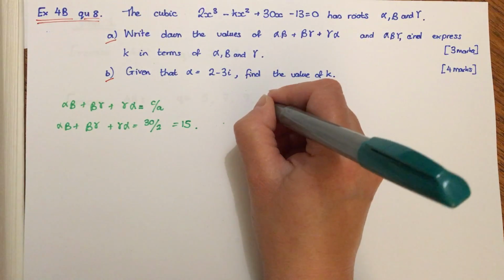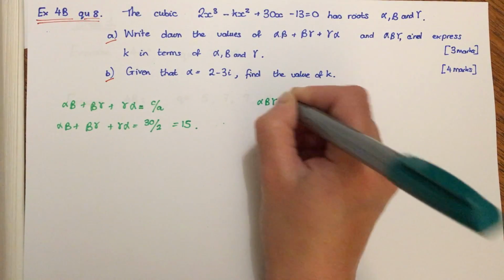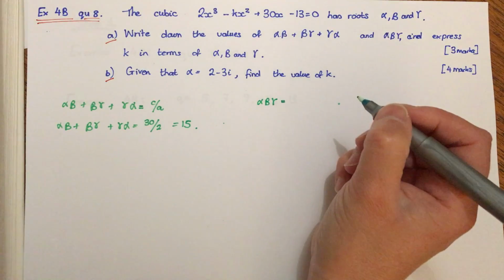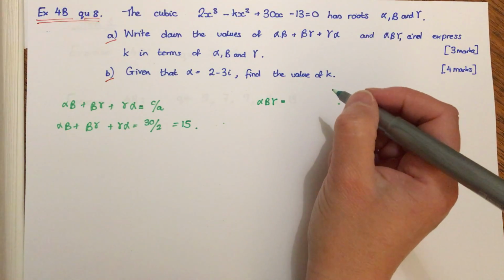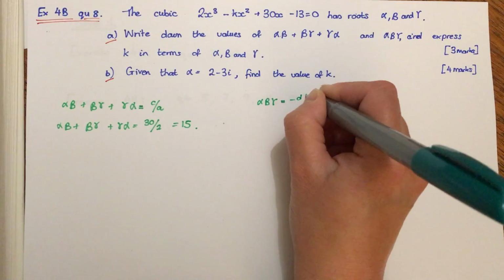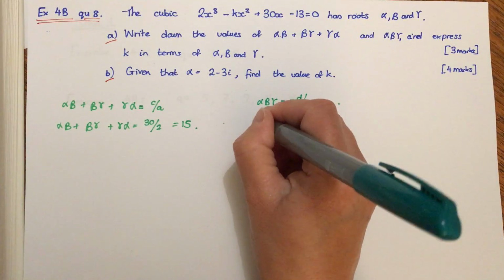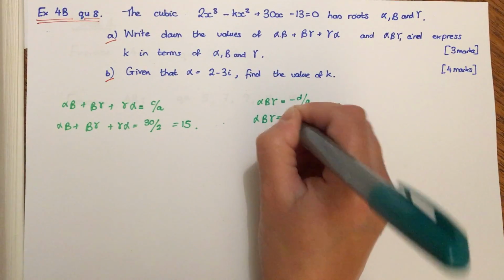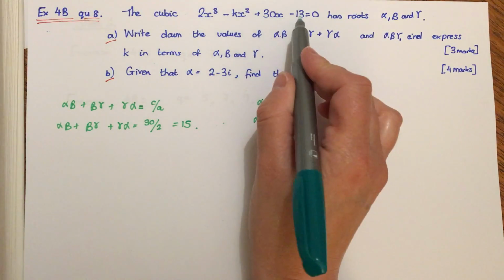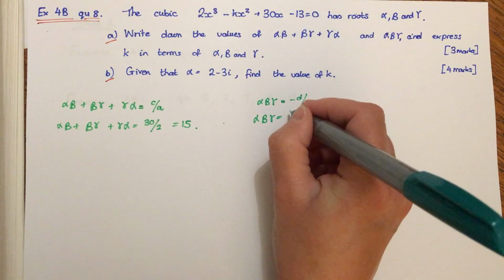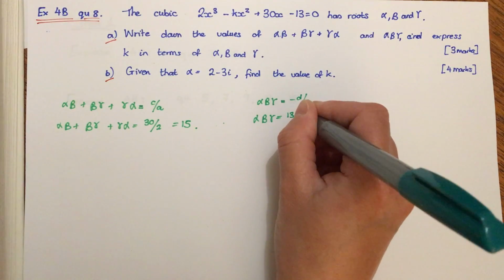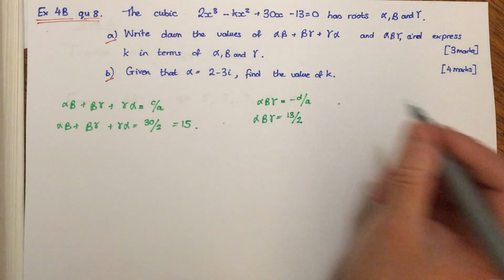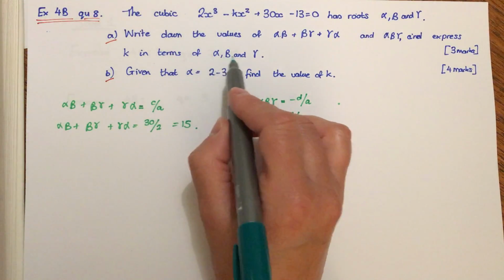Alpha beta gamma, we know that alpha beta gamma is minus d over a. So alpha beta gamma is minus d, so 13 over 2. And express k in terms of alpha, beta and gamma.